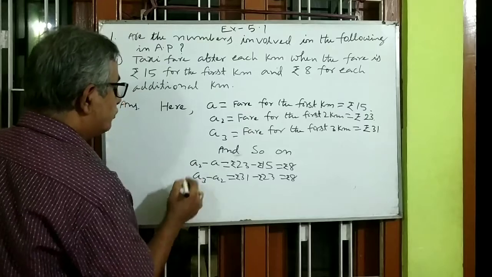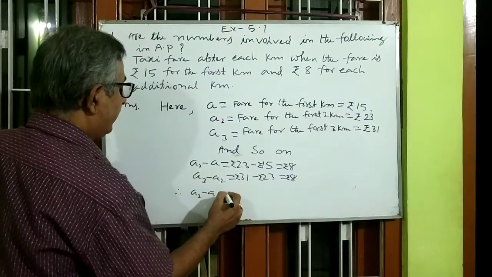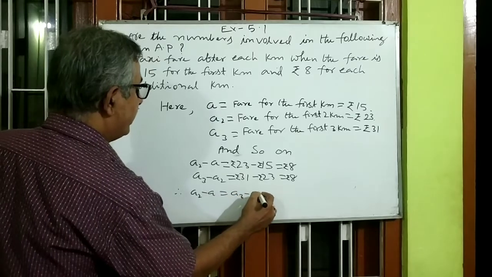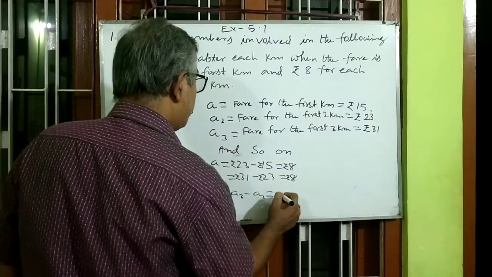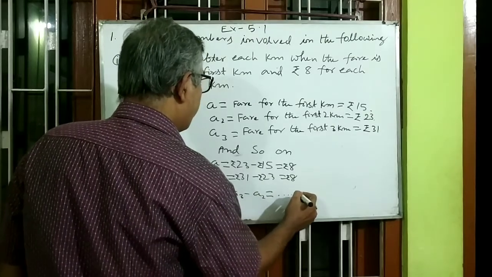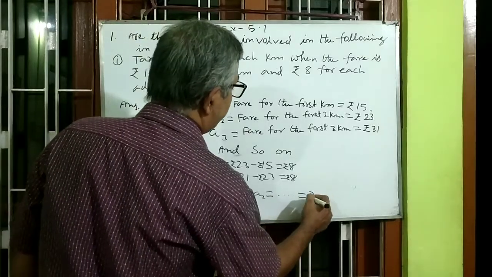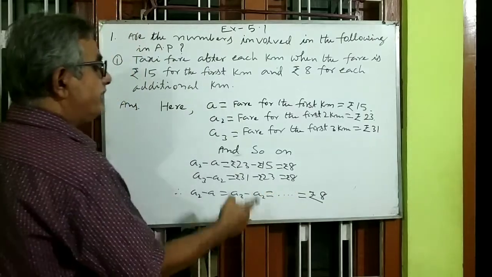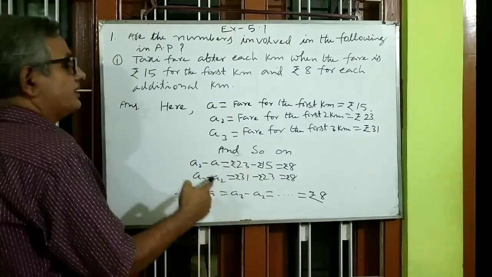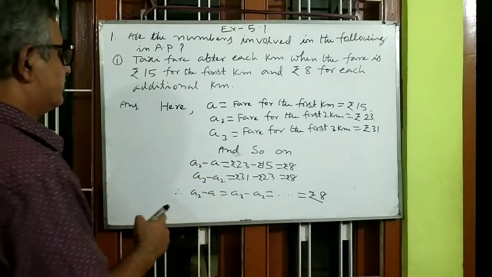My dear students, what did you get? A2 minus A1 is equal to A3 minus A2 is equal to A4 minus A3, and so on. Always you are getting rupees 8. Therefore, the common difference, a fixed number between any two consecutive terms, is the difference.